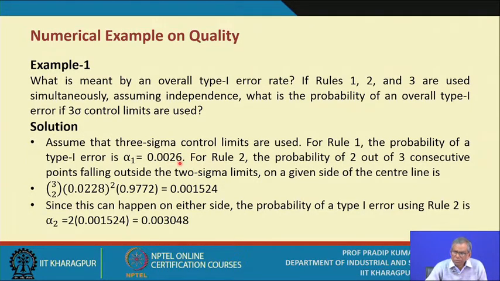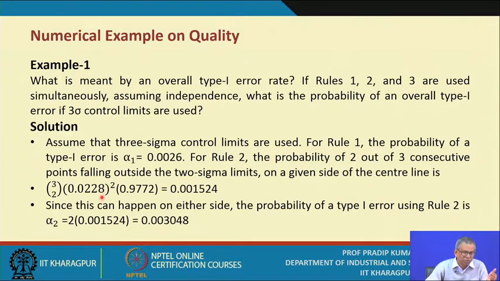So it is 0.0026. For rule 2, the probability of 2 out of 3 consecutive sample points falling outside the 2 sigma limits, which are sometimes referred to as the warning limits, on a given side of the central line. That means on the same side of the central line. So what is the probability? The probability is 3C2 times 0.0228, that is the area on one side beyond the 2 sigma control limits under the curve.